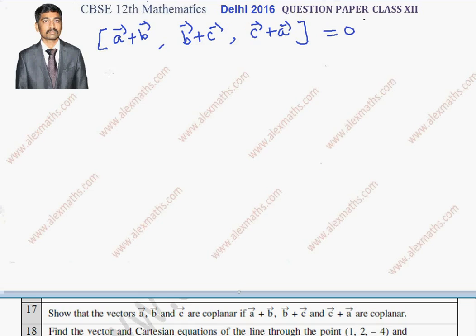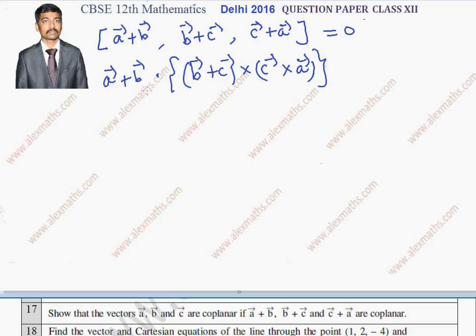When we have a box product, the first element you write as it is, then dot of second element cross third element. Now this cross product we will continue first. So outside a plus b is as it is.